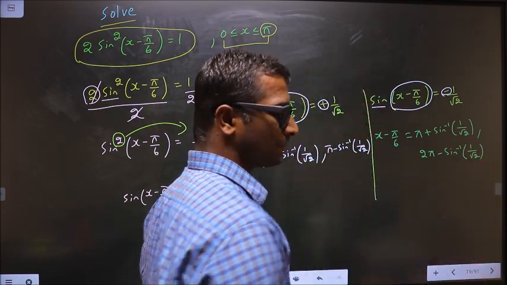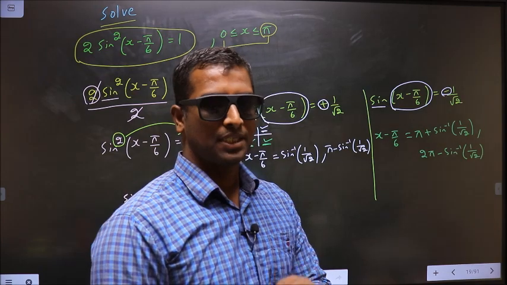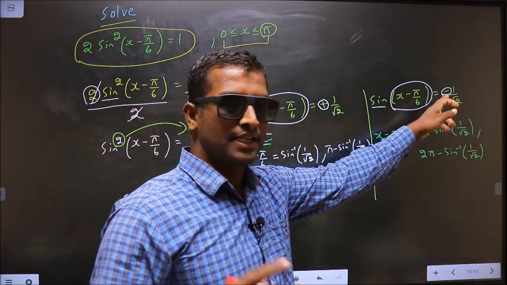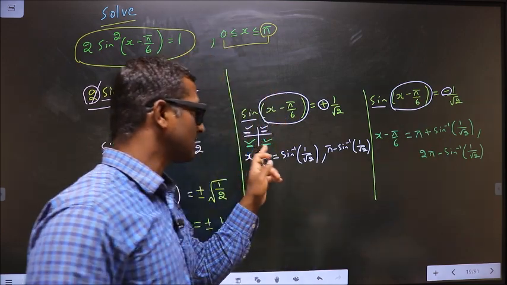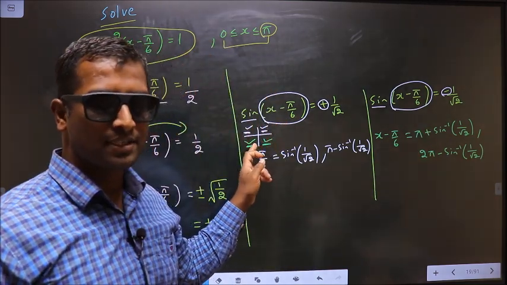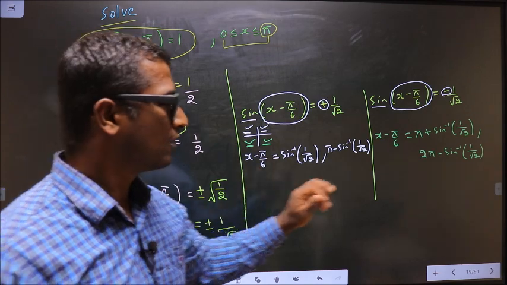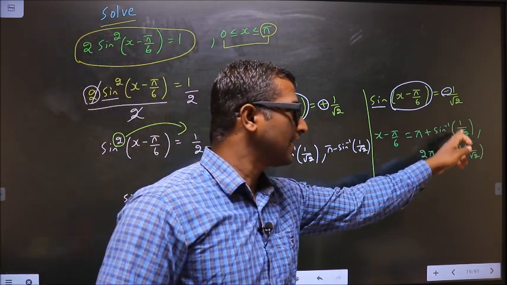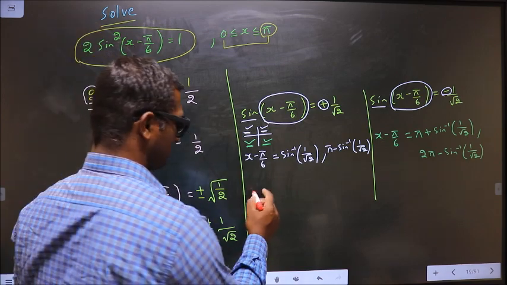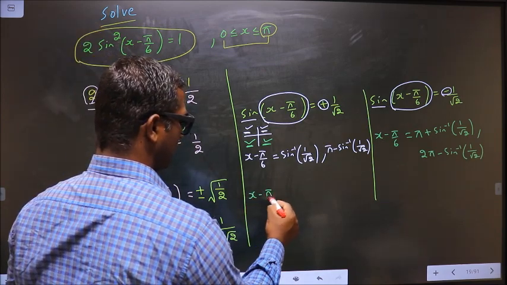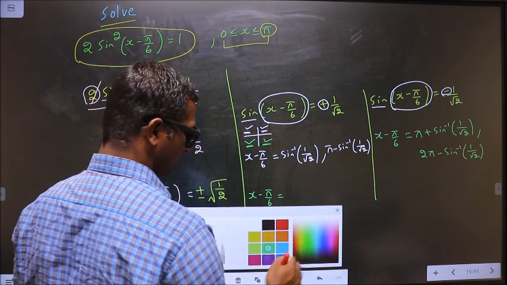Now, remember this: the negative sign is used only for selecting the quadrants. Once quadrants have been selected, do not place the negative sign again here. Remember that.